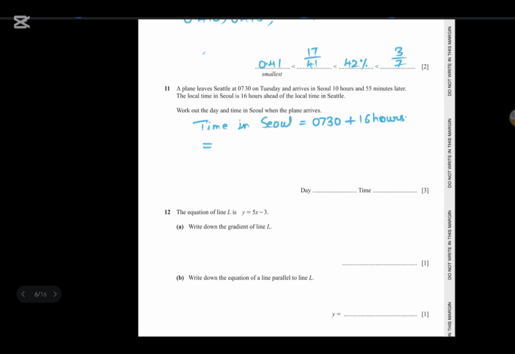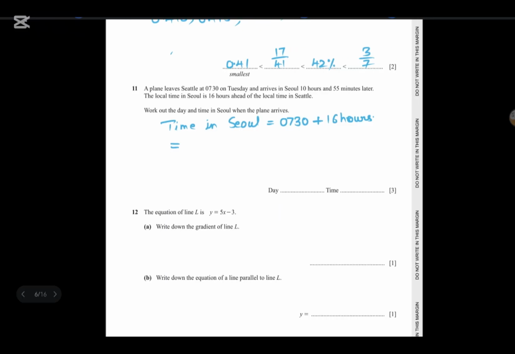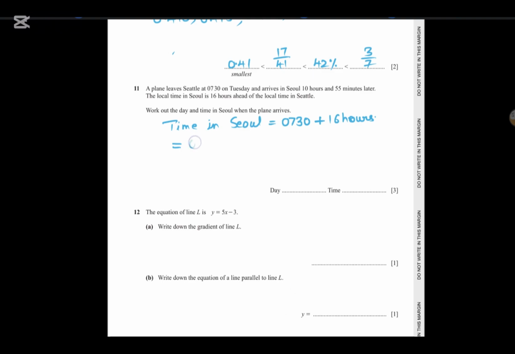Then after 12 hours, 4 hours are left. So 7:30 plus 12 hours is 19:30.